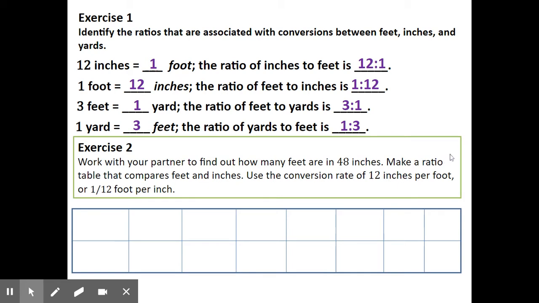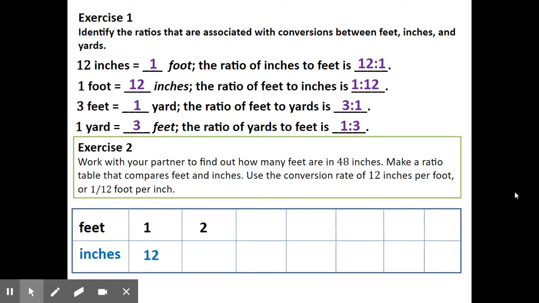Exercise 2. We want to know how many feet are in 48 inches. And it says make a ratio table that compares feet and inches. Use the conversion rate of 12 inches per foot, or 1/12 of a foot per inch. So the first thing we did is we labeled our X and our Y, feet and inches. And then we have 1 foot is 12 inches.